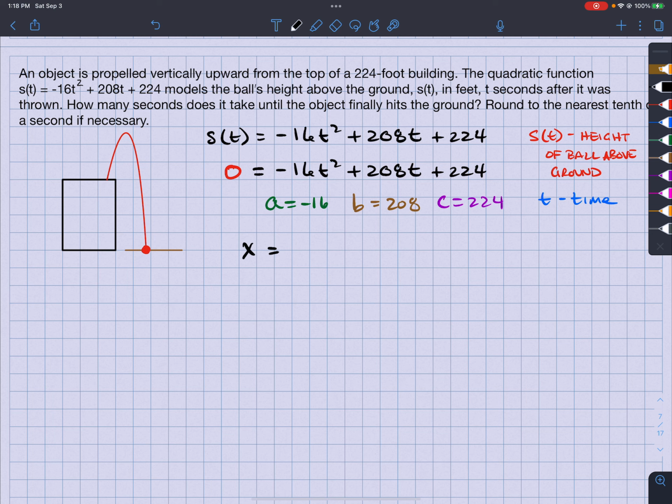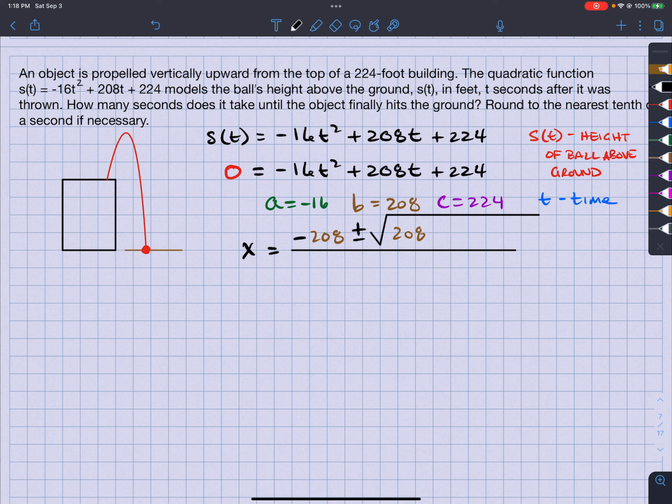X equals negative B plus or minus the square root of B squared, so it's 208 squared.